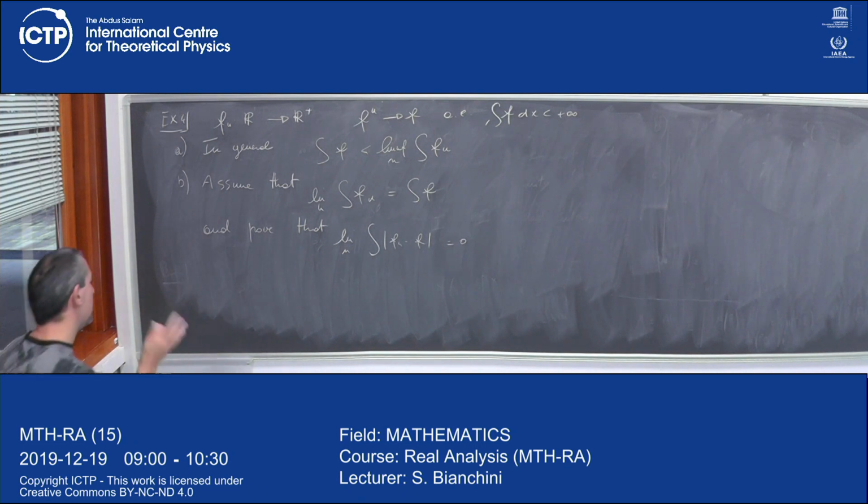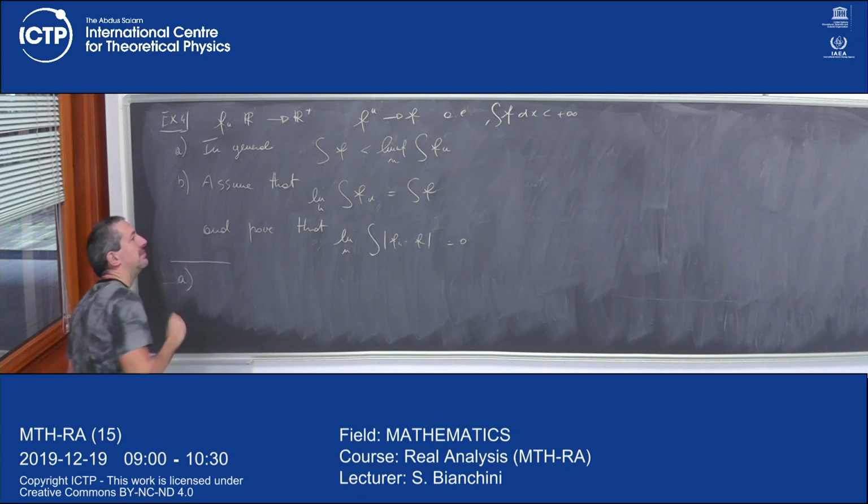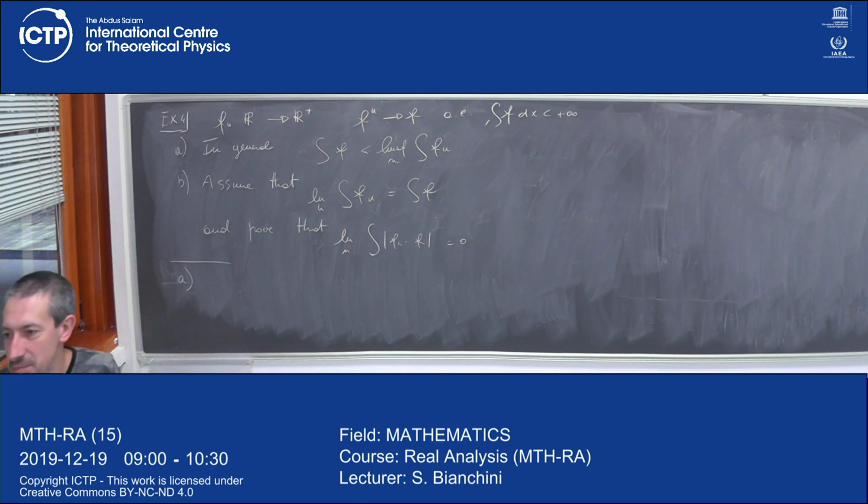Now that I see it, I don't understand the point here, but okay. Point A, you just need to give an example. Characteristic function of n, n plus 1. Hmm? Go ahead. F positive, yes. No, you said F positive.